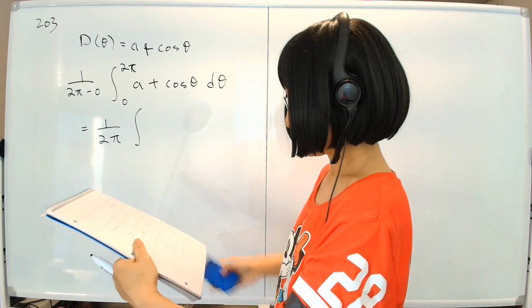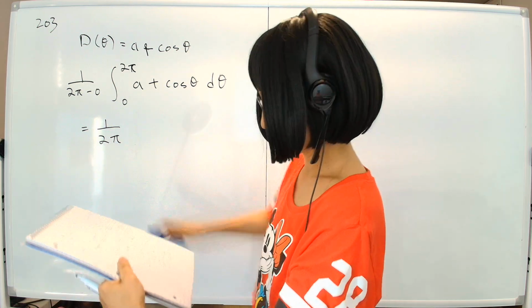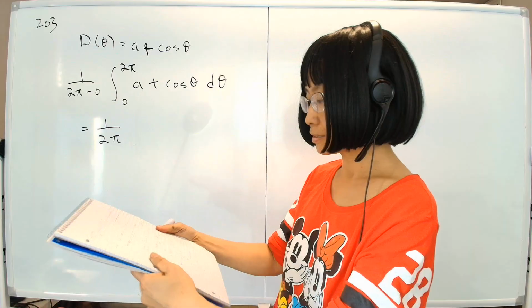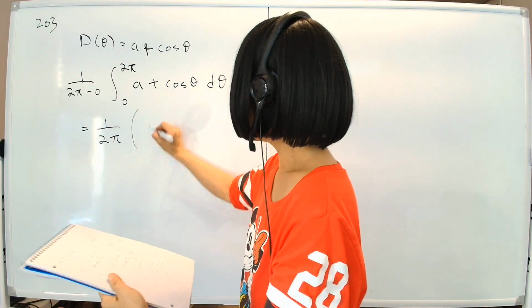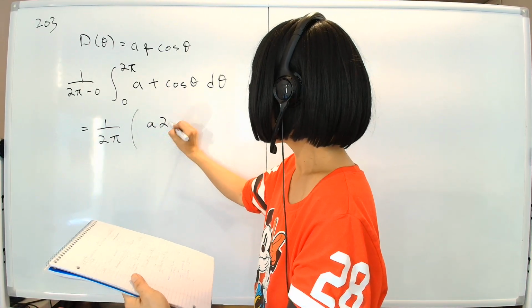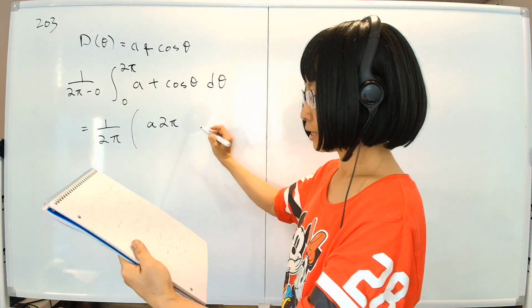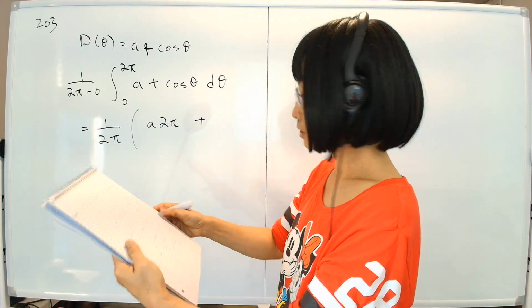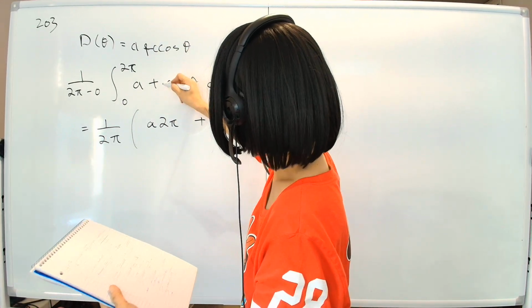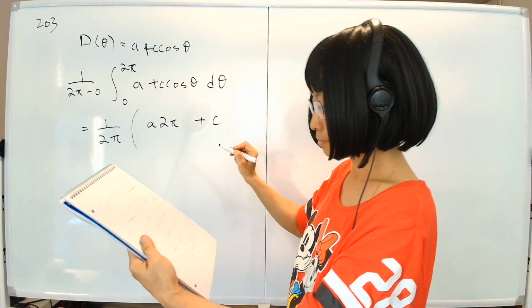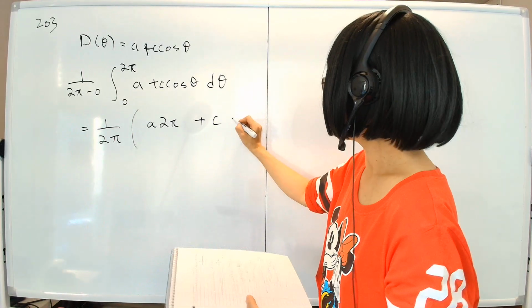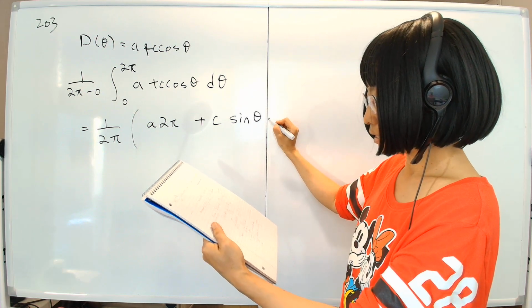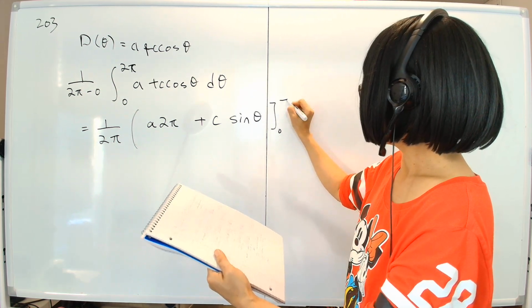Okay, this is a plus, which means that it will eventually equal a times 2 pi for this part, and then plus, is there a c in here? Yes, there's a c in here. c cosine theta. Okay, plus c times the antiderivative of cosine, which is the sine, so c sine theta, and then you are evaluating it from 0 to 2 pi.